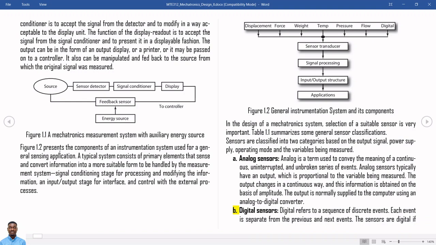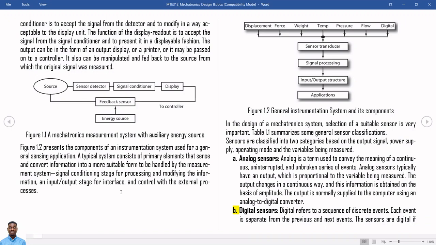So I'm just saying here that figure 1.2 presents the components of an instrumentation system used for a general sensing application. So you have the primary elements that sense and convert information into a more suitable form, which is just your sensor transducer here, to be handled by the measurement system.